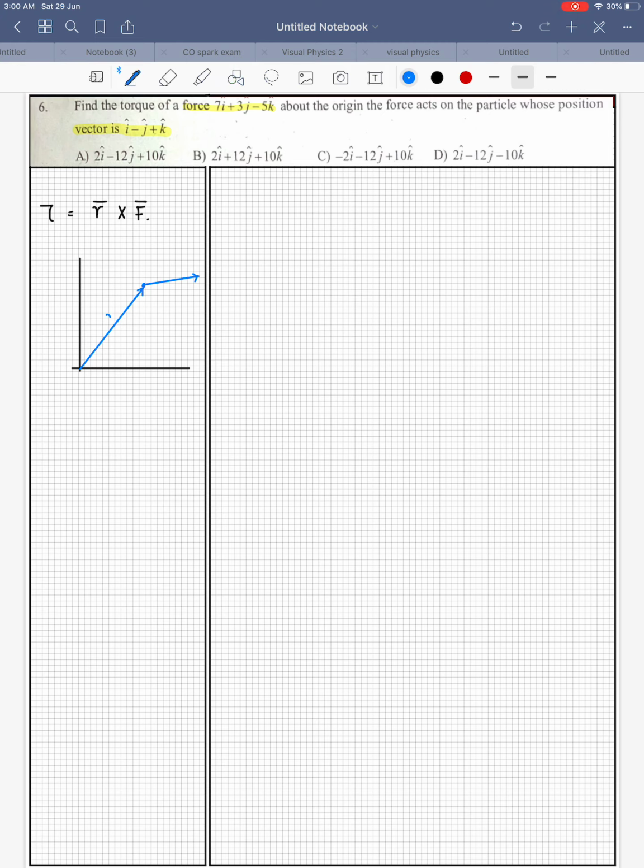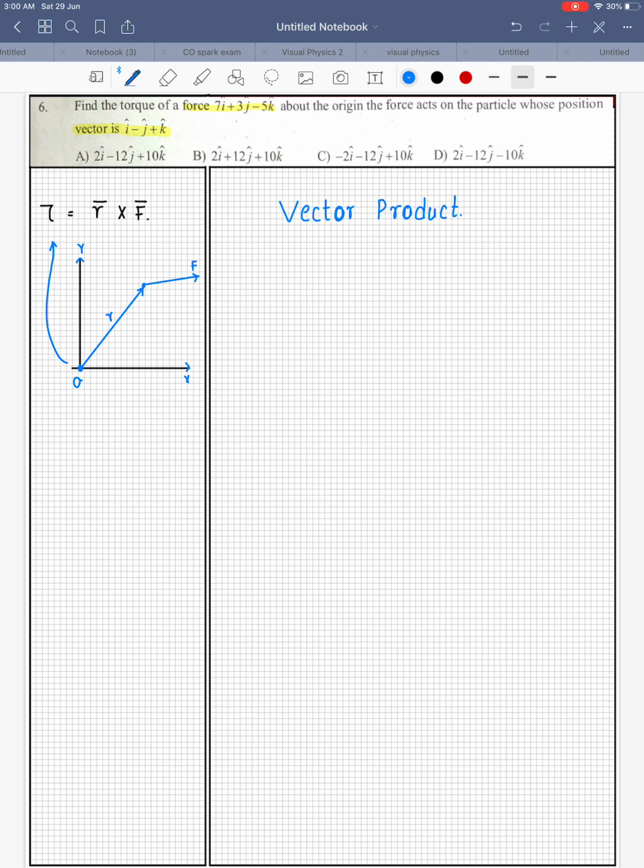So r, F, and this is some origin with y and x axis. So torque about this origin is given by r bar cross F bar. So it's as simple as calculating the vector product.